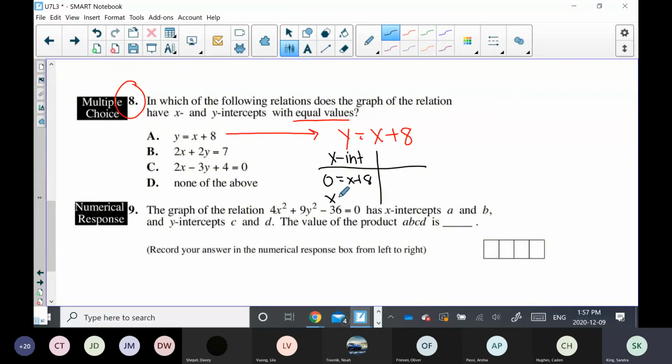I know that the X-intercept, if I get rid of that 8, is -8. If I was doing the Y-intercept, I'm going to let x equal 0. So y is equal to 0 plus 8. That would give me a Y-intercept of 8. These are not equal. The answer is not going to be A.